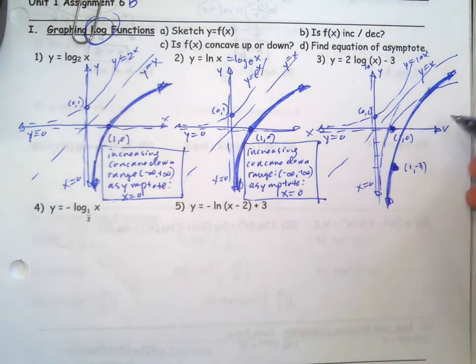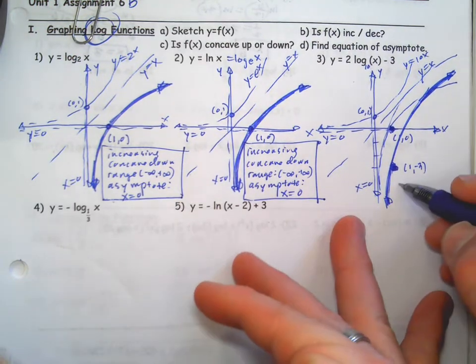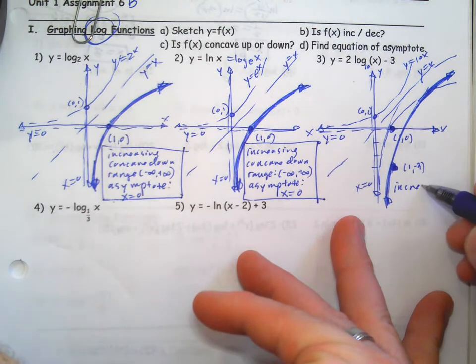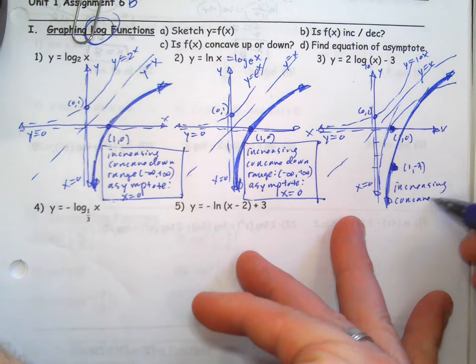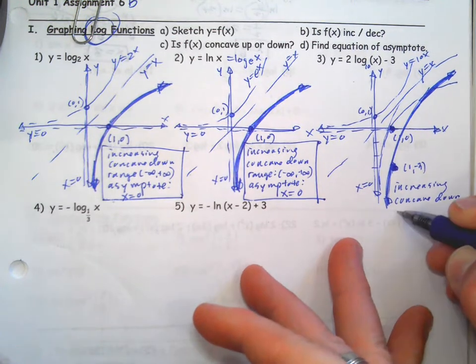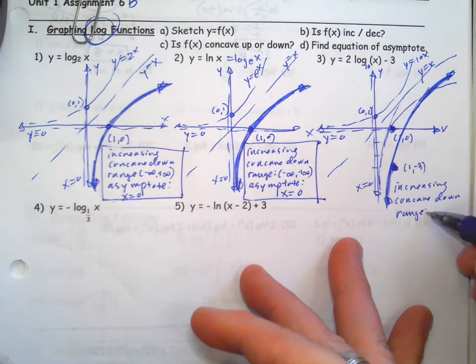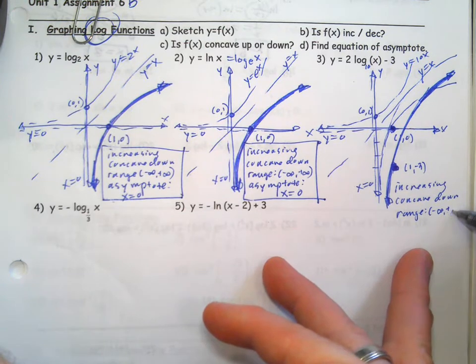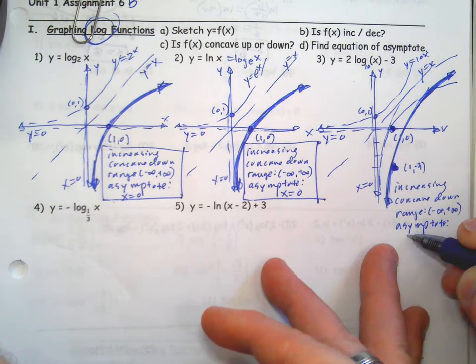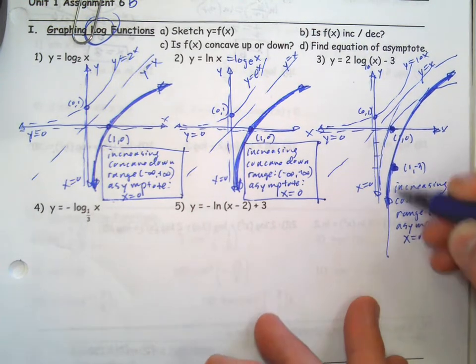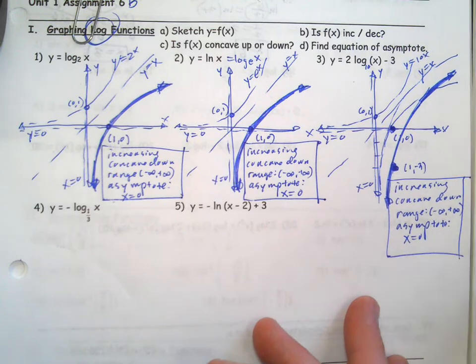All right, so this graph is increasing, concave down, range is negative infinity, positive infinity, asymptote is x equals 0. Okay.